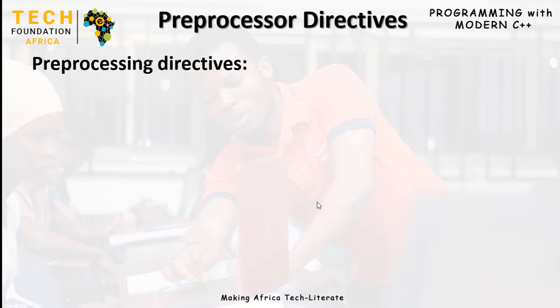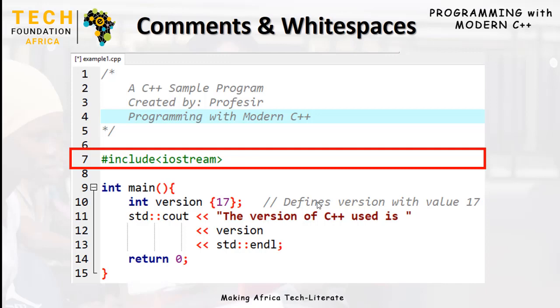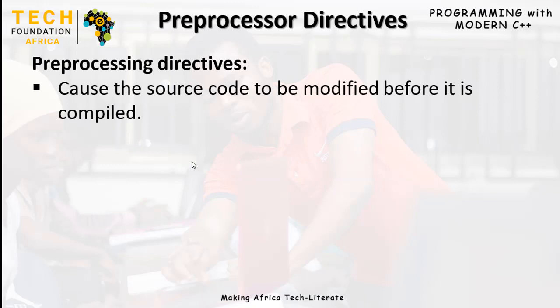Is that okay? In this case, the preprocessing directive would add the content of the standard library header file with the name iostream, because we said include iostream. So the preprocessor will go to the standard library, read whatever is in this file and attach it to our code.